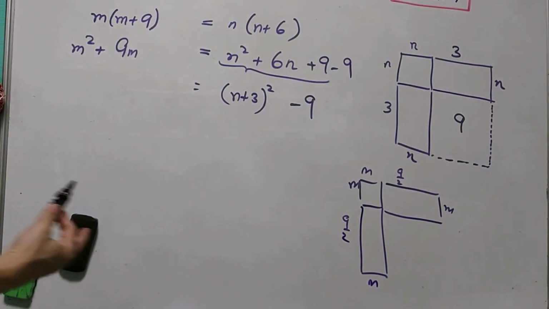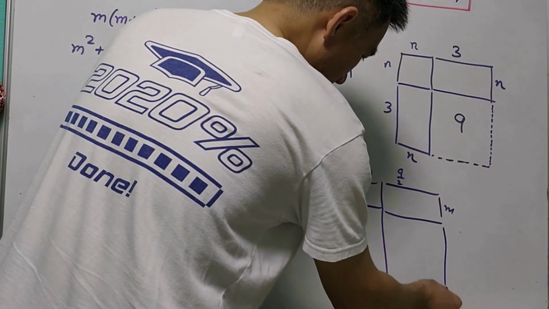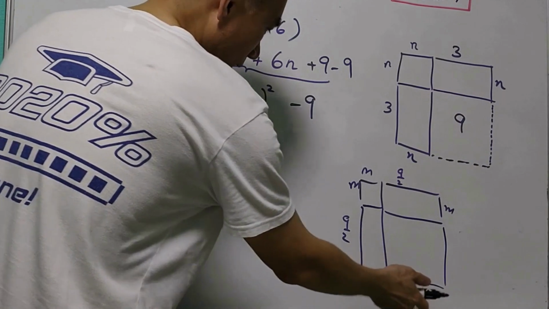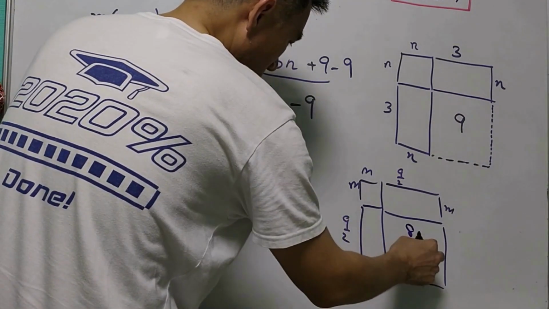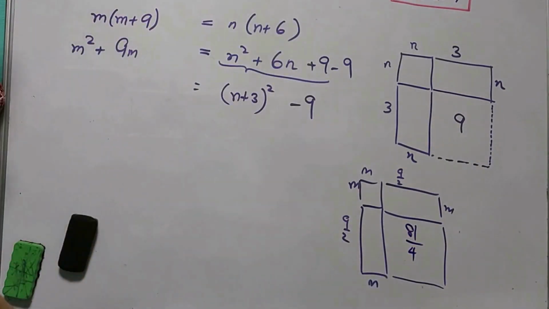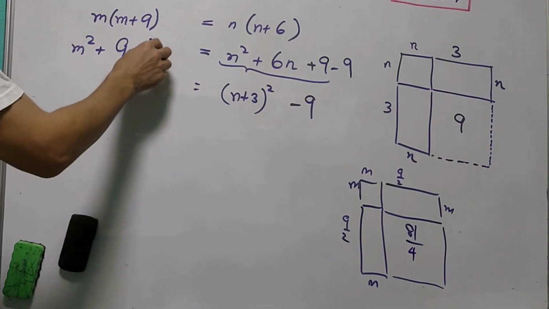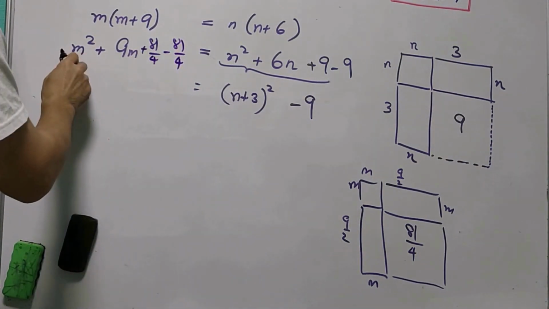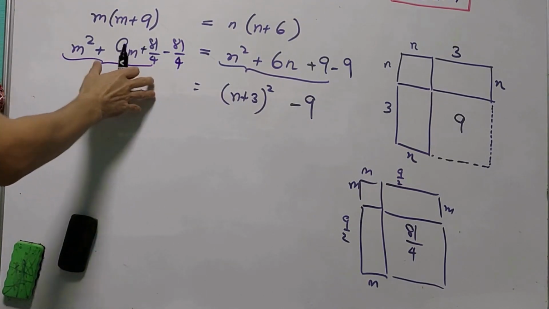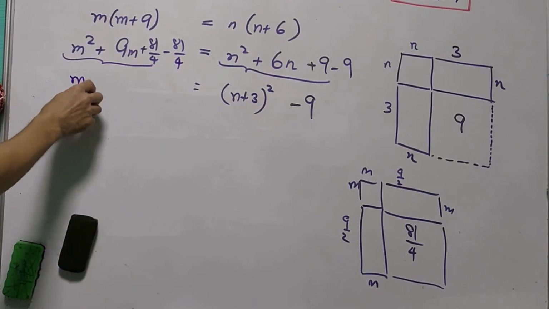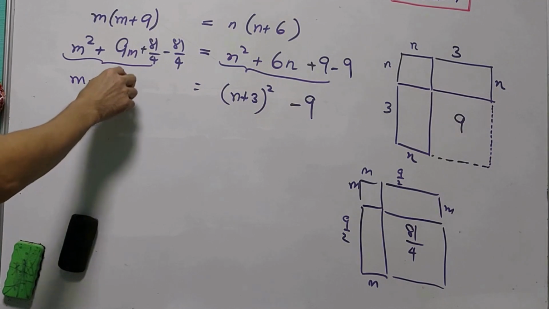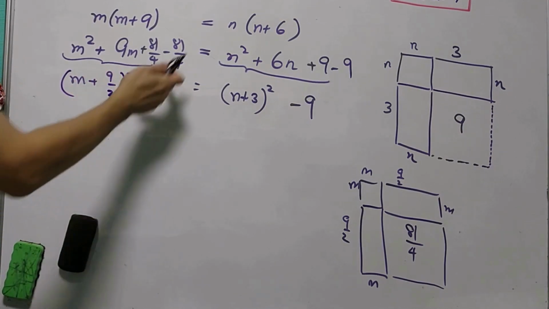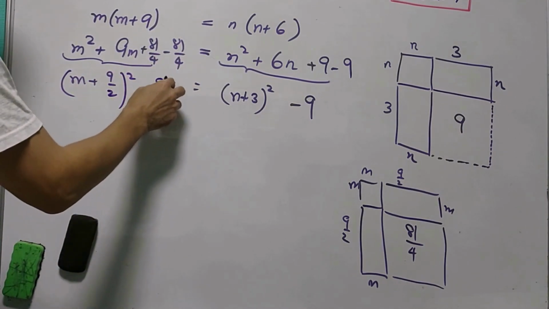And we complete the square by inserting another square of side length 9 over 2. The area will be equal to 81 over 4. So plus 81 over 4 minus 81 over 4. The first three terms will give us m plus 9 over 2 squared, and the last one just remains the same.